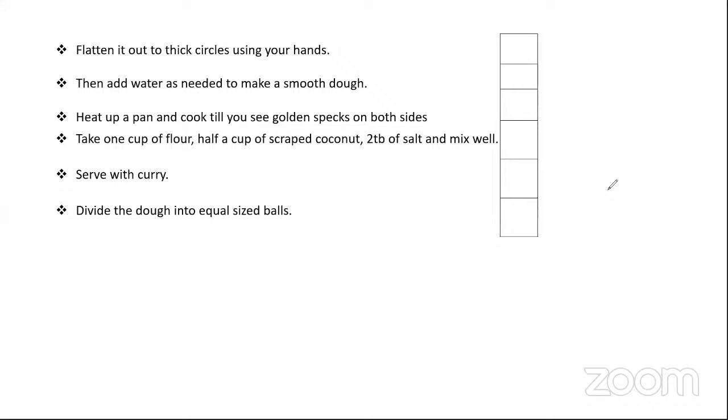Now, take your time and write the number of the picture. Remember the pictures, remember the steps, and put the step number in front of the box given in the sentence.